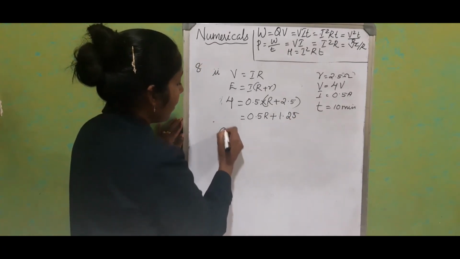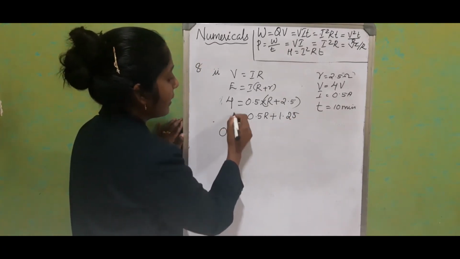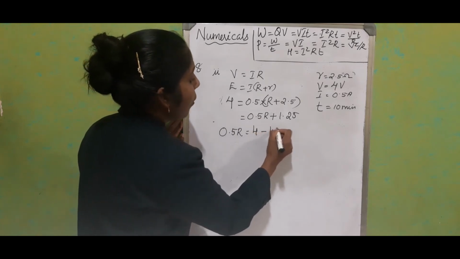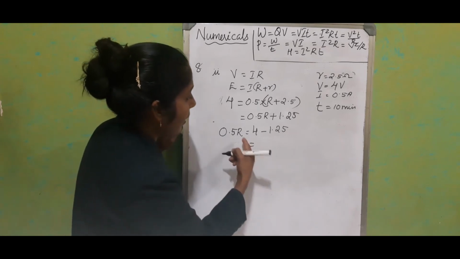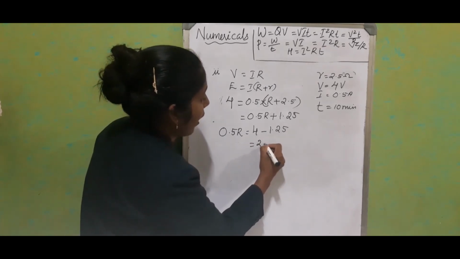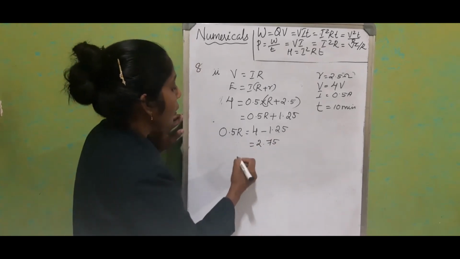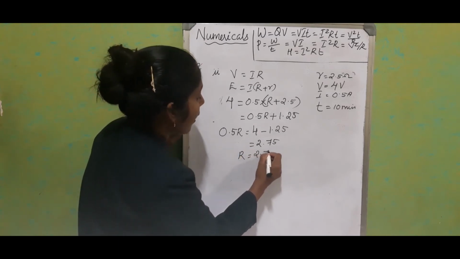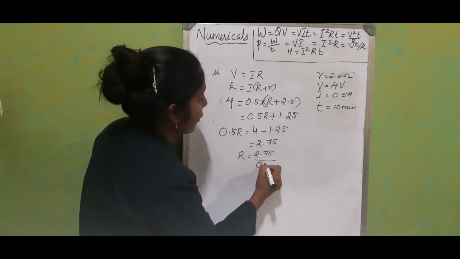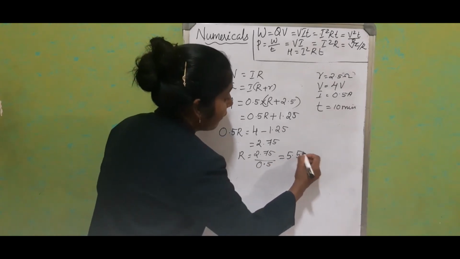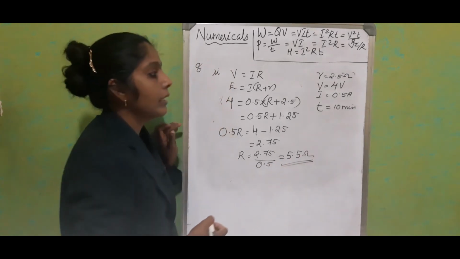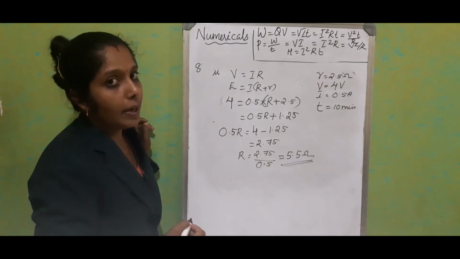Now we'll keep R on one side, and it's 4 minus 1.25, so we will get 2.75. So R is equal to 2.75 divided by 0.5, and we'll get the value as 5.5 ohm. So this is the resistance of the bulb.